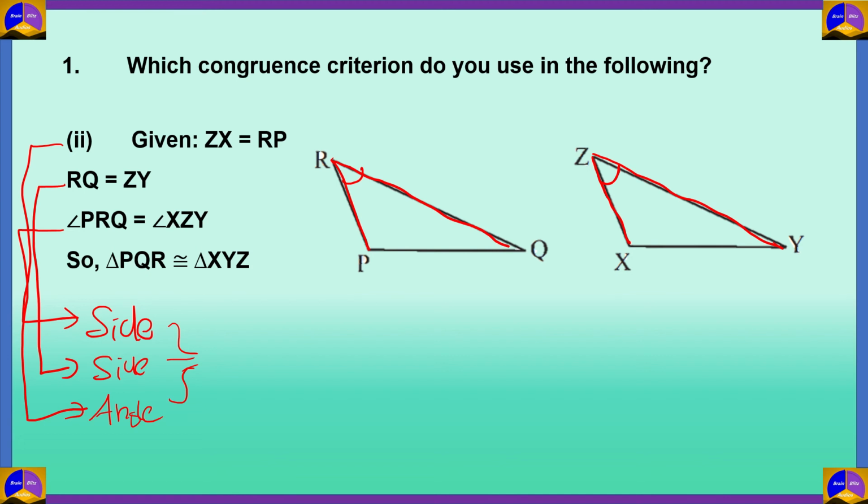So that means that the angle is between the two sides, so SAS. So the answer is SAS congruency criteria.